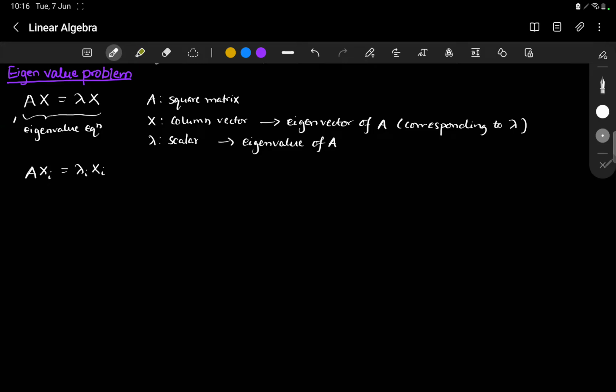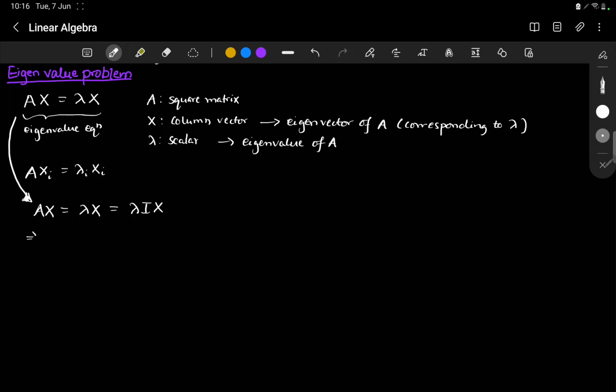Now let us rewrite this equation slightly differently. So we have Ax equal to lambda x. Identity multiplied with any matrix leaves the matrix unchanged. So we can multiply it with identity over here like so.